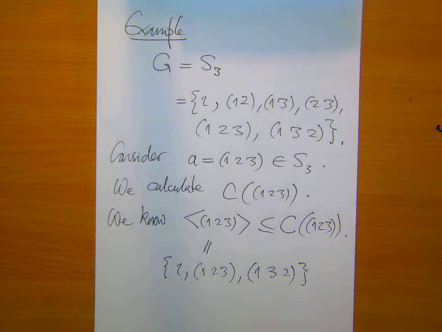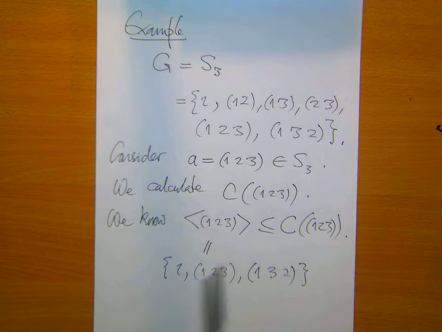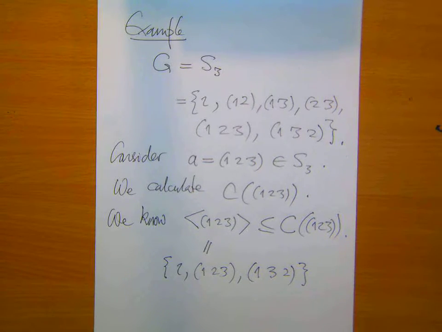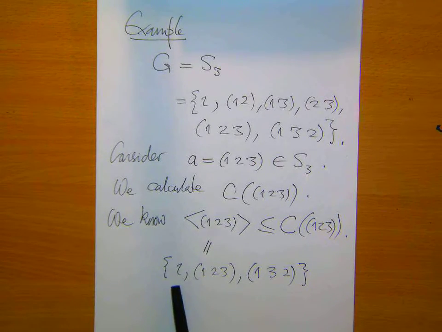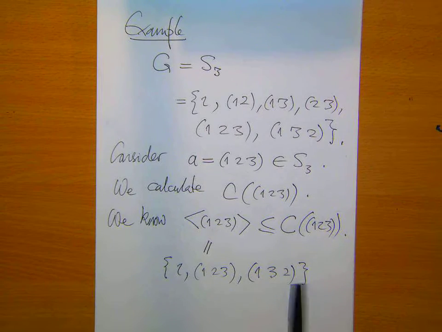Okay, so I'll just say this again. (1 2 3) is a 3-cycle. It's got order 3, so there are 3 elements in the subgroup generated by (1 2 3). There are only 3 distinct powers. There's the identity, which is (1 2 3) to the power 0. There's (1 2 3) itself, which is (1 2 3) to the power 1. And there's (1 2 3) squared, or equivalently (1 2 3) inverse, which is (1 3 2).